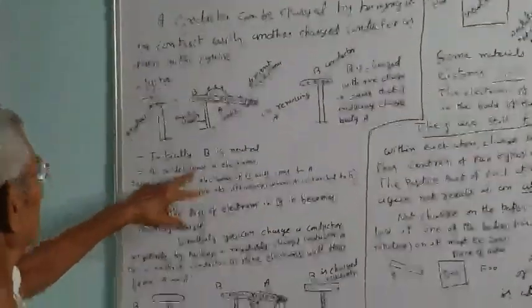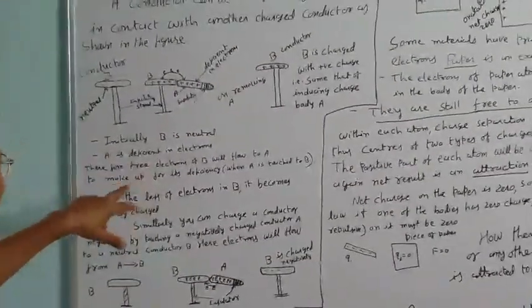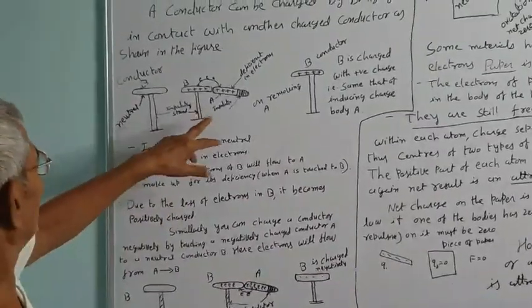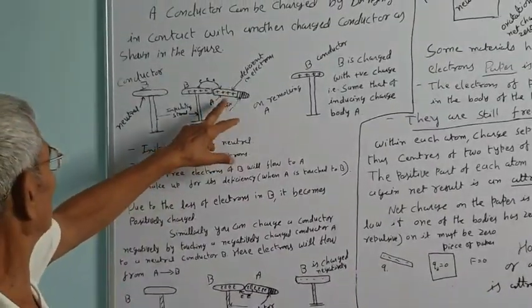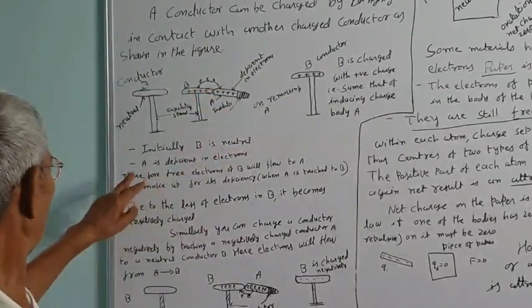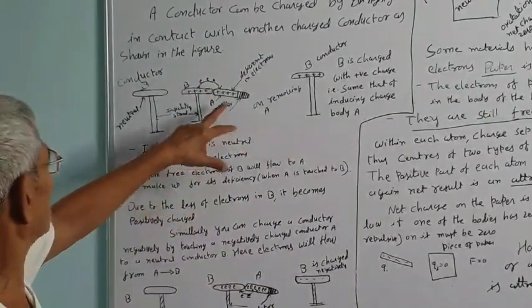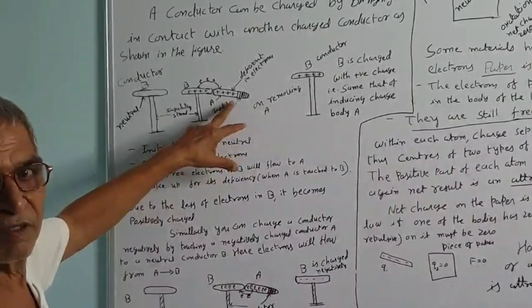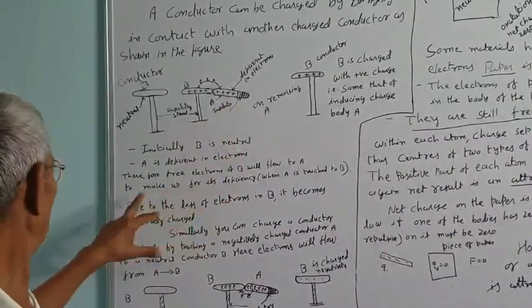A is deficient in electrons. Now bring a charged conductor, positively charged conductor A, near B and touch it. A is deficient in electrons, it is positively charged, so naturally it is deficient in electrons.